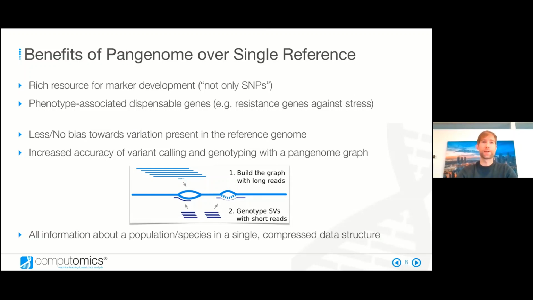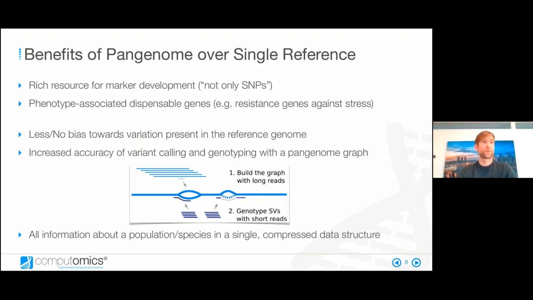So by analyzing pangenomes, multiple reference genomes, you get a much richer resource for marker development, focusing not only on small-scale variation, but also on the very big and complex ones.